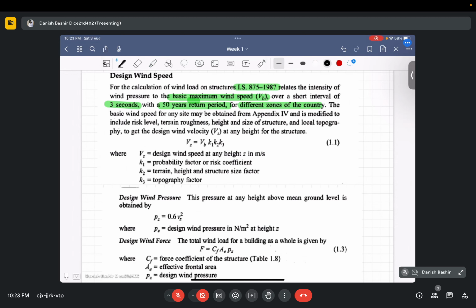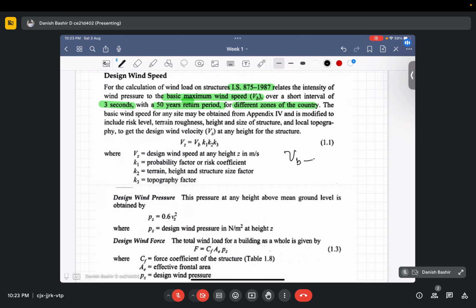From VB, which we term the basic maximum wind speed, we get the design wind speed at any height, VZ. VZ, the design wind speed at any height Z in meters per second, is equal to the basic maximum wind speed VB times three coefficients, K1, K2, and K3, that take care of all the six factors that I already mentioned.